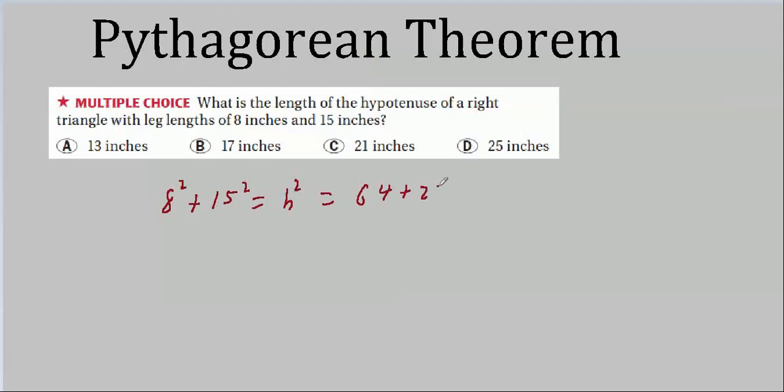I'm going to have to check that. Yeah, 15 squared is 225. So we add this up and get 289. But that is h squared. H would be the square root of 289, and my calculator tells me that is 17.